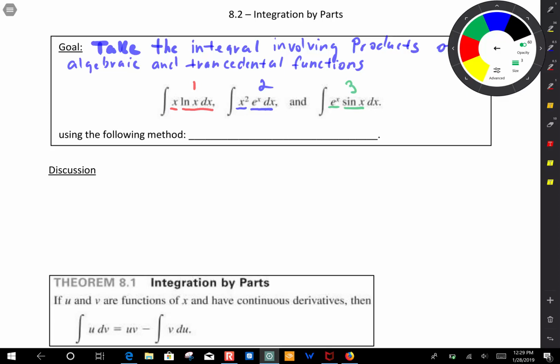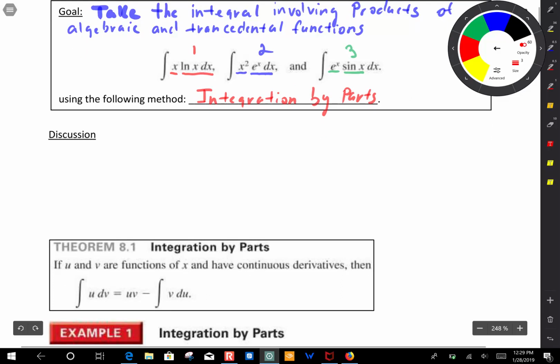And so the method that we're going to be using is called integration by parts. Okay? So where does it come from? Well, it comes from the derivative of products, the product rule.